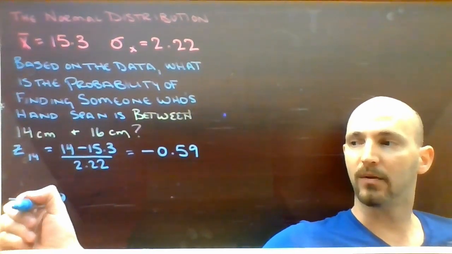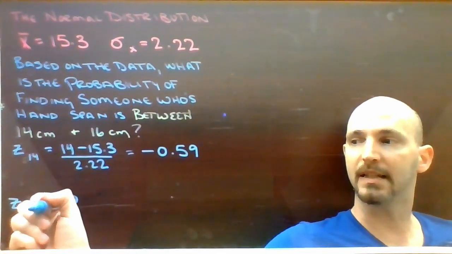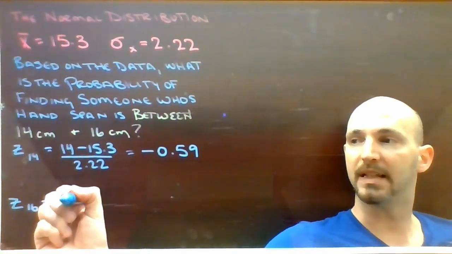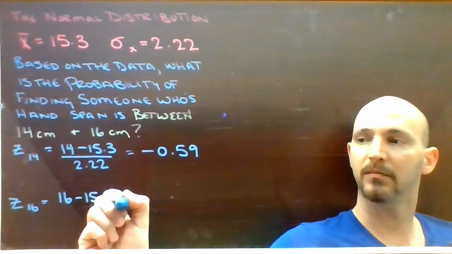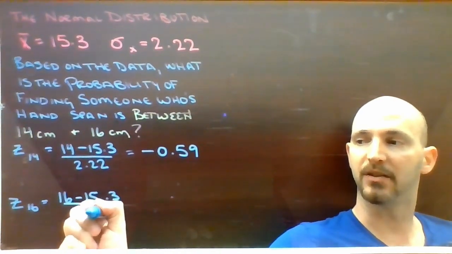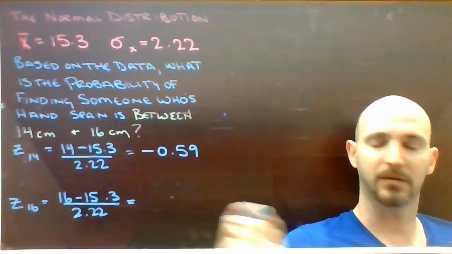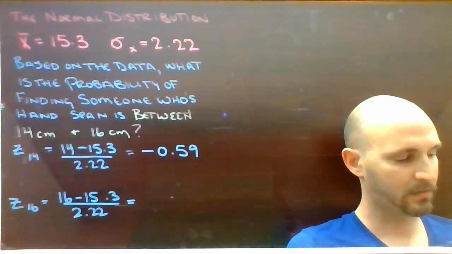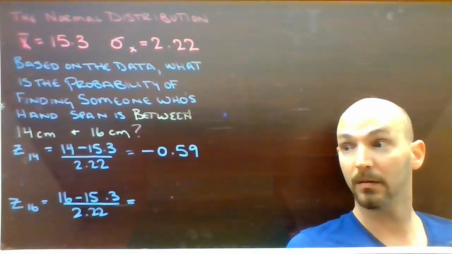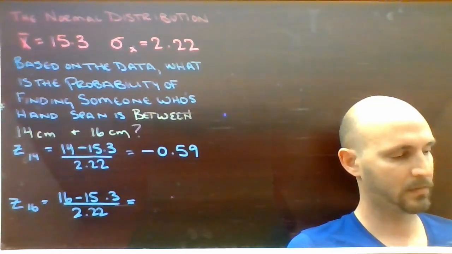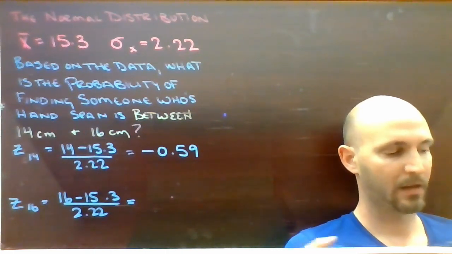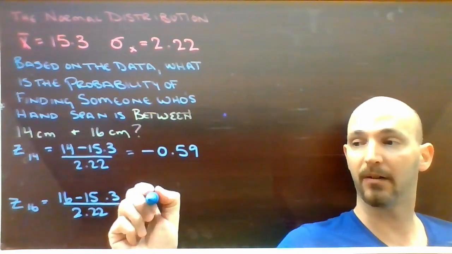And the z-score for 16 would be 16 minus 15.3, divided by 2.22, which is 0.32 if I round.